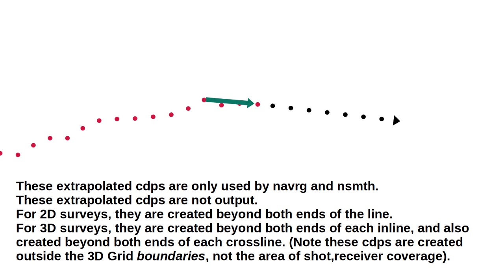For 2D surveys, they are created beyond both ends of the line. For 3D surveys, they are created beyond both ends of each inline and also created beyond both ends of each crossline. Note these CDPs are created outside the 3D grid boundaries, not the area of shot and receiver coverage.